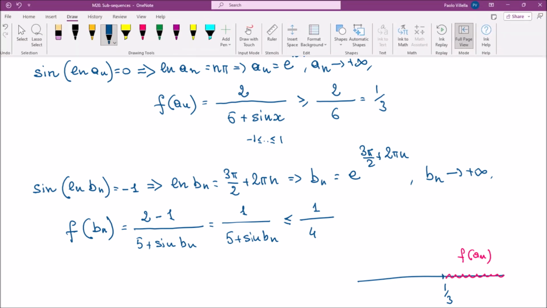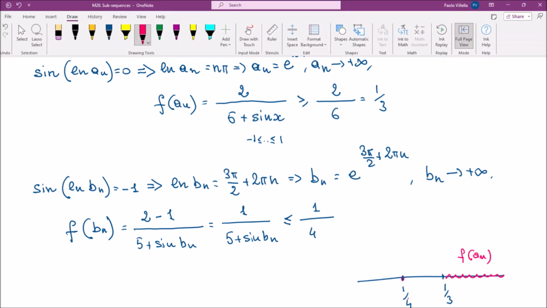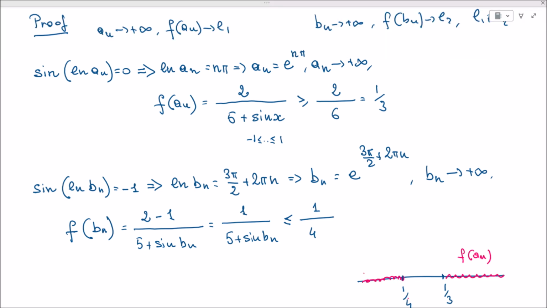So we see then that if we have 1/4 here, let me use a different color, so this is 1/4, we can see that the function f of bn is always bounded by 1/4, and this is clearly a reductio ad absurdum. So that implies that the function evaluated on the two sequences must have a different limit, which concludes the proof.